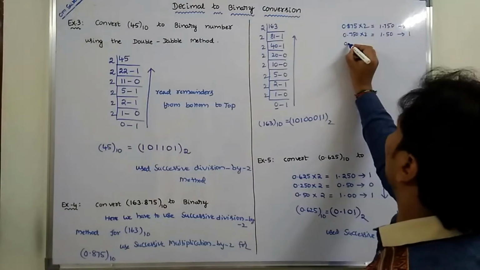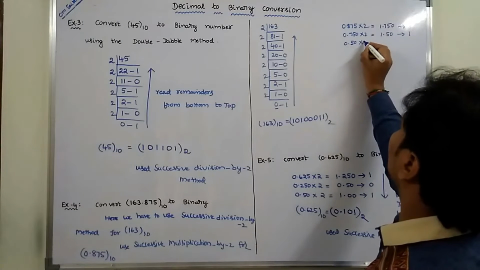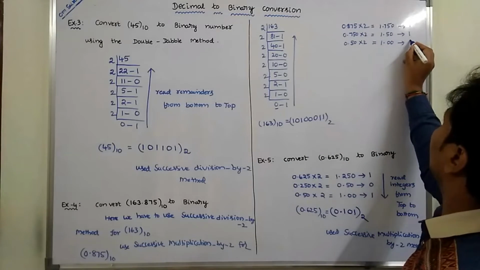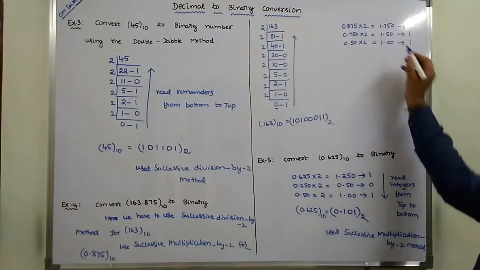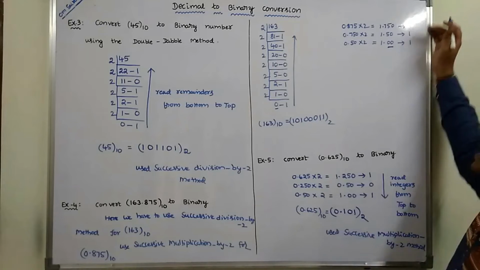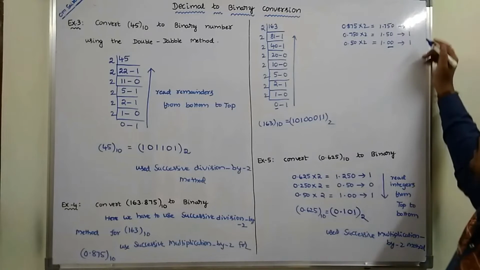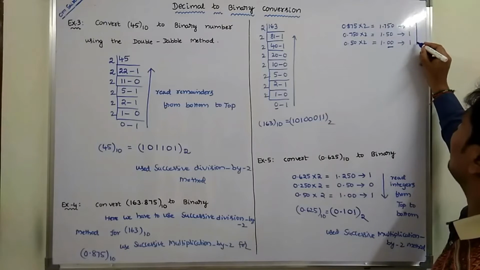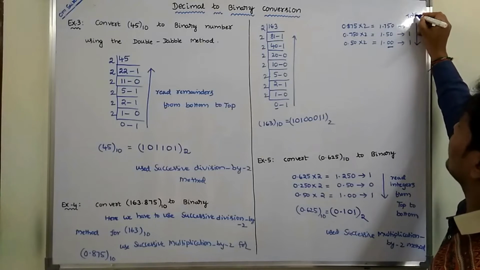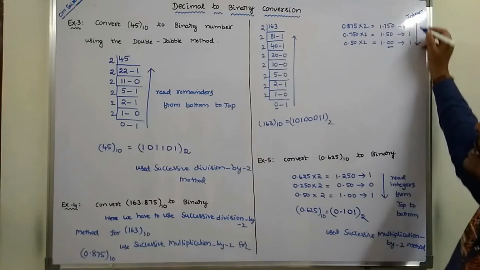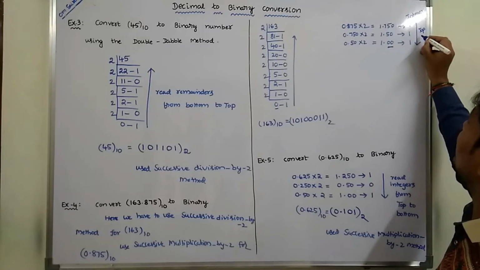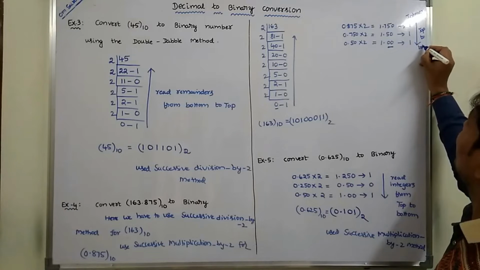Next, 0.50 into 2 is equal to 1.00. Separate the integer 1. Whenever the fractional part becomes 0, we stop the procedure and read the integer parts from top to bottom.